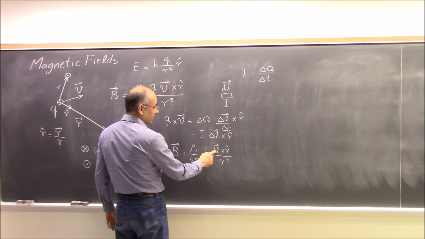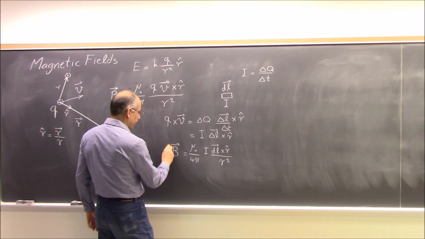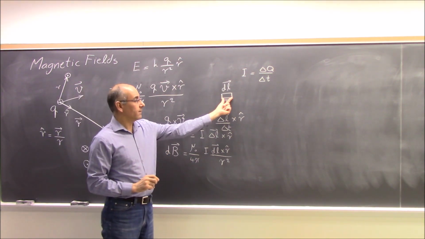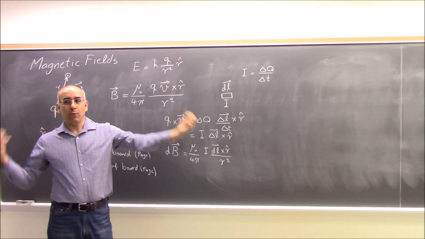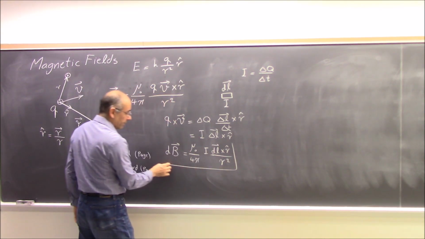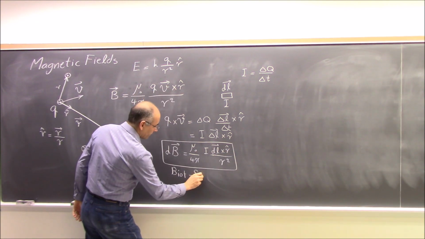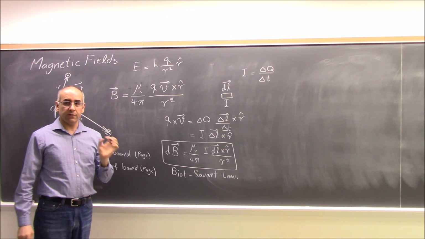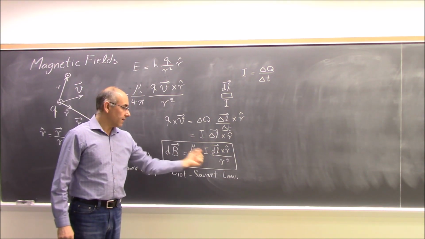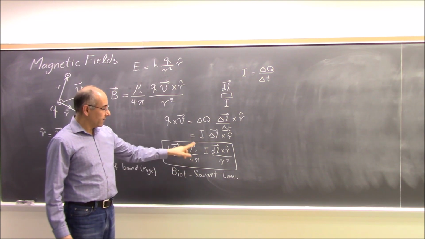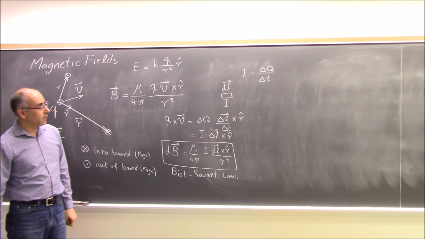And because this is a small piece, we call this also dB. Because B is created by a whole wire. For a small piece, we call it dB. And this is called the Biot-Savart Law. That gives the magnetic field of a small piece of wire that has current I in it, at distance R. And now we still need to see what this mu naught is.